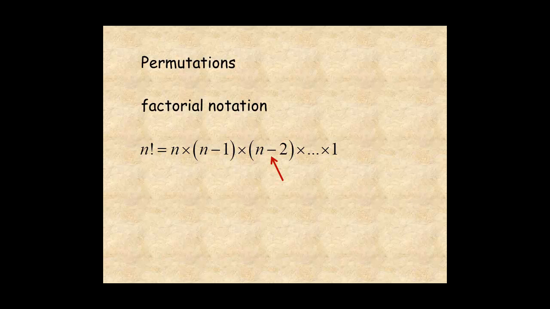For example, 5 factorial equals 5 times 4 times 3 times 2 times 1, which equals 120. Also, 0 factorial is defined as equal to 1. The ratio of factorials is easy to calculate.